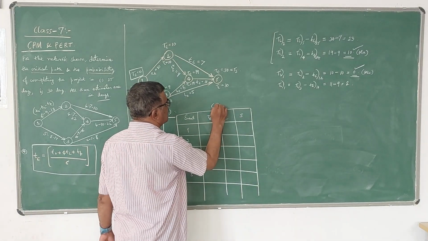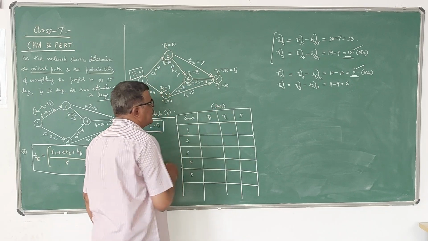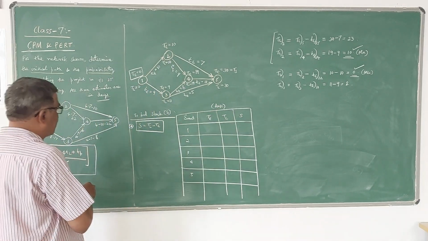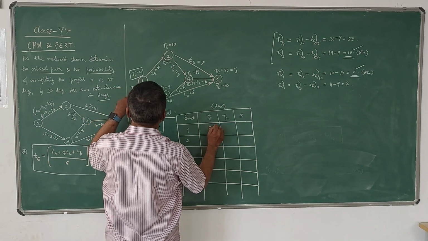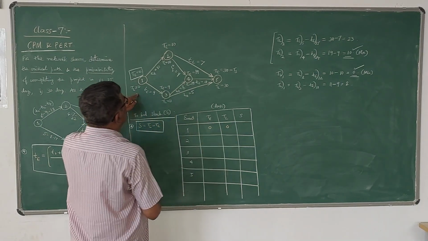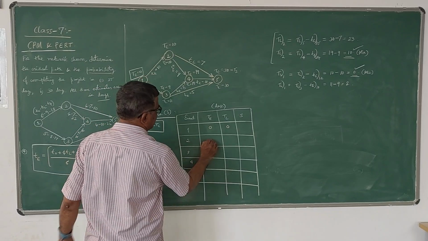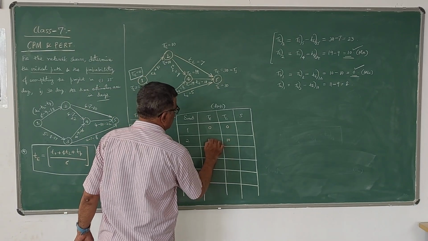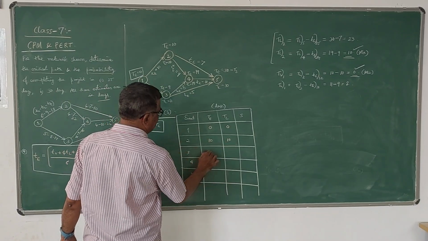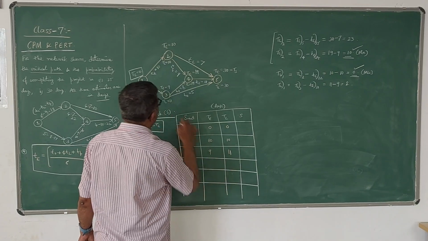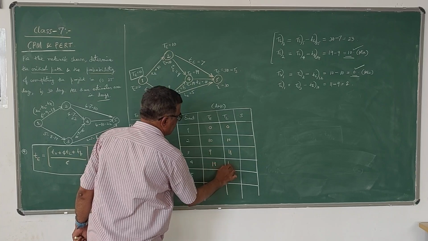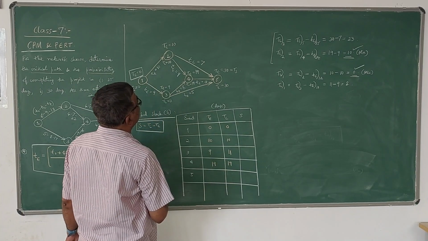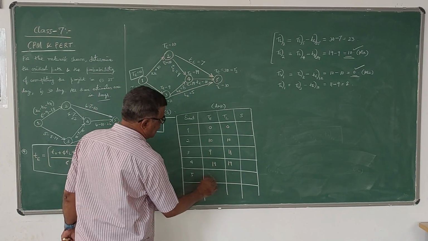Already we have these values. For the first event, this is 0, PL is also 0. Second event, 10 and 10, both are 10. For the third event, 9 and 11. For the fourth event, 19, 19. For the fifth event, it is 30, 30.